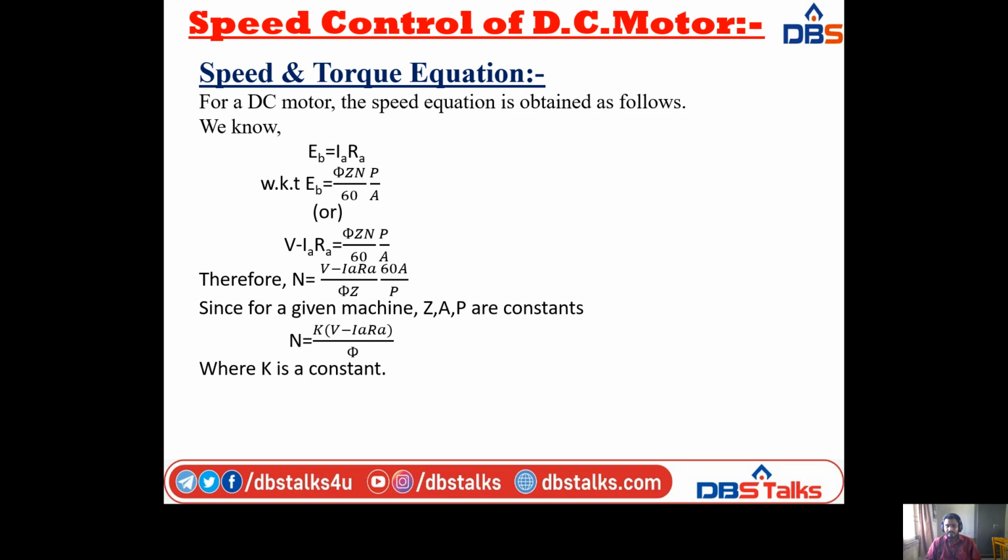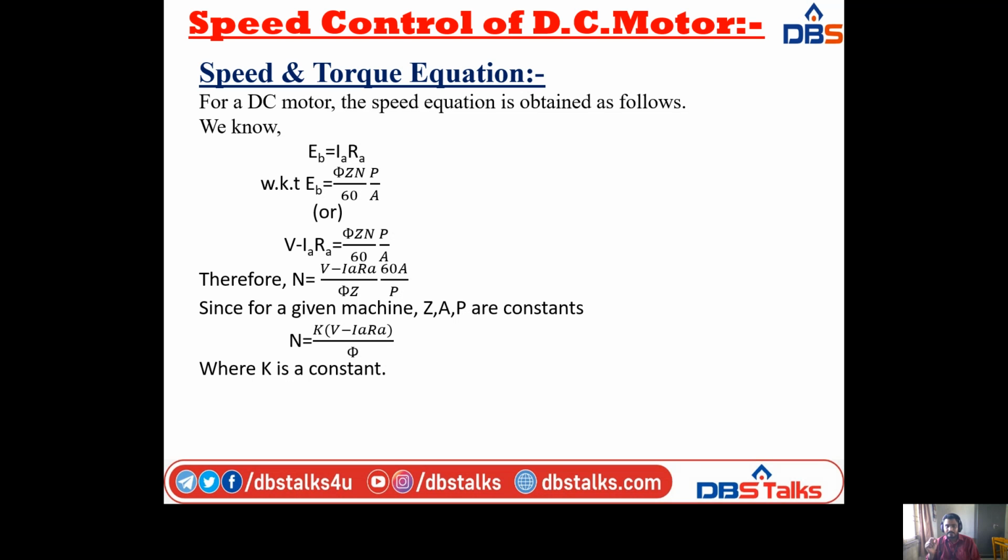We know that back EMF Eb is equal to V minus IaRa. One mistake was there earlier, so again, back EMF Eb is equal to V minus IaRa.